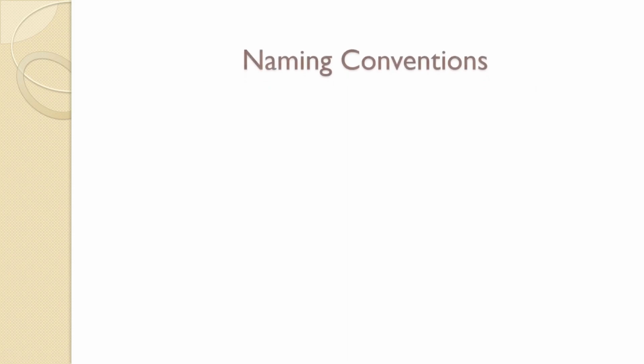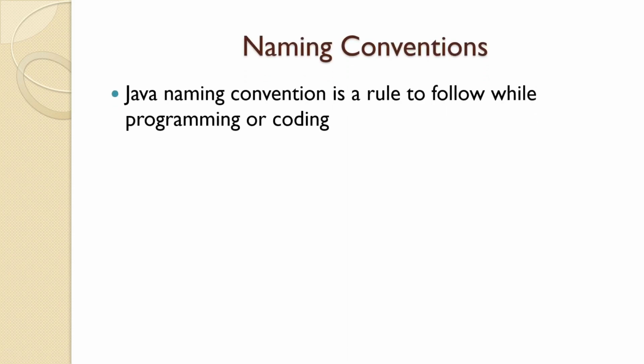And now let's see what the naming conventions used in Java are. A Java naming convention is a rule to follow while programming or coding. So why do we have to follow these rules? Basically the rule is to maintain some discipline, whether personal, in coding, or professional.